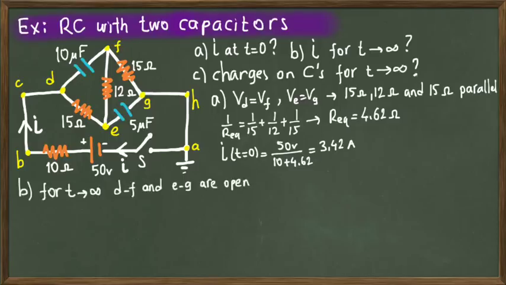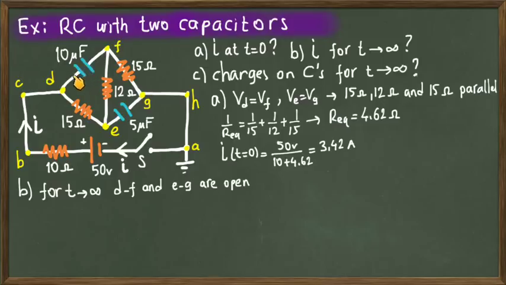And the second part: when time goes to infinity, if you wait for long enough, then in that case the branches through points D and F and points E and G act like an open circuit, because there will be no current flowing through, since the capacitors are fully charged.